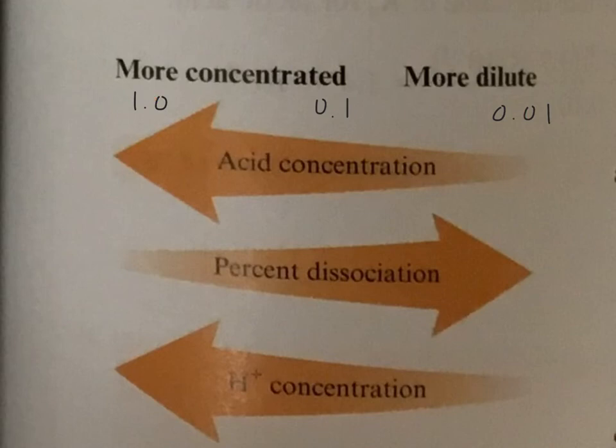Remember the hydrogen concentration, H+, compared to the original concentration: this is going to go down some, but this goes down a lot. So that's why, as our concentration is decreasing, our percent dissociation is actually increasing.